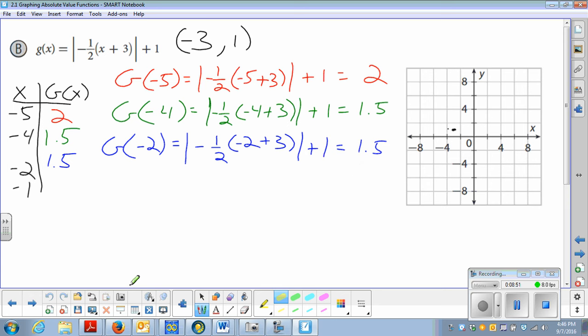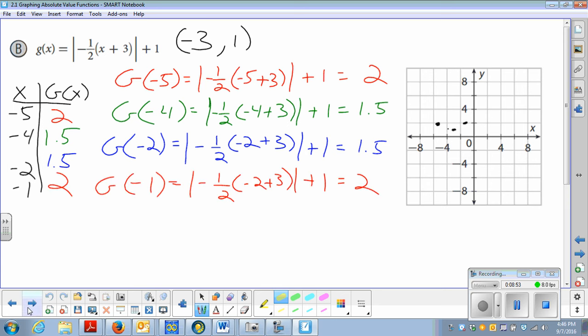Right. And when I plug in -1, I'm going to get 2. Okay. And I choose to plot these points here. They seem like the easiest ones to work with.